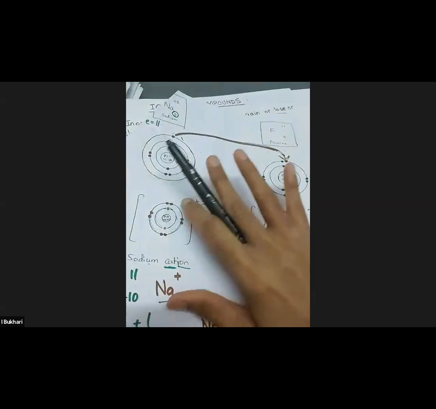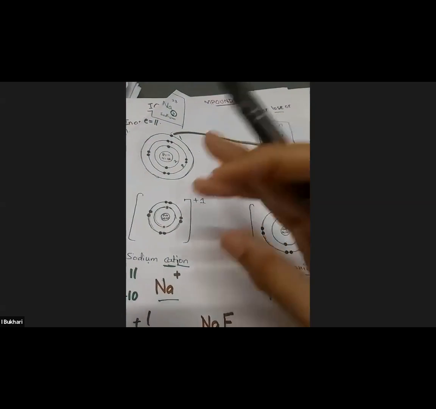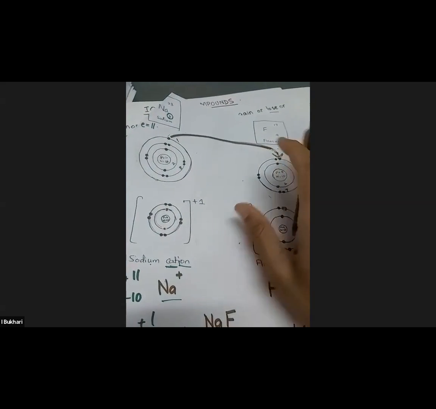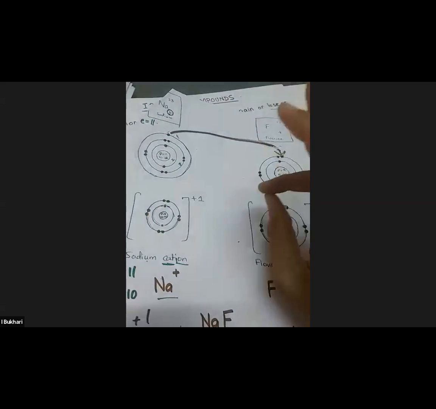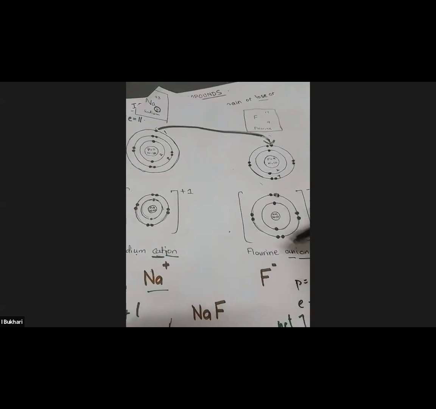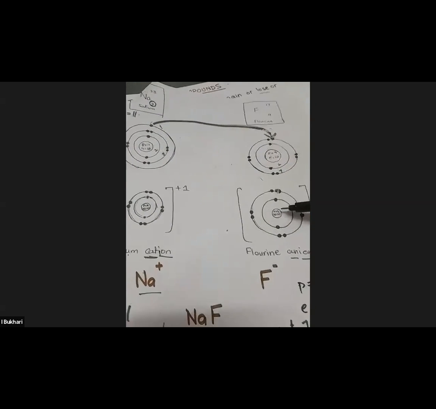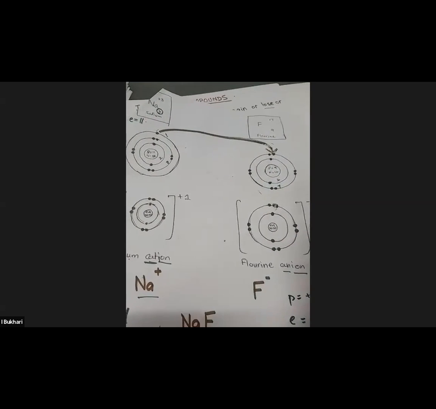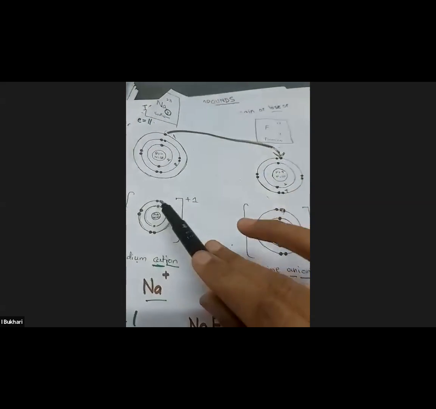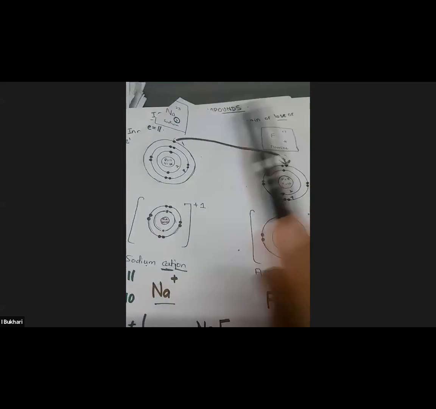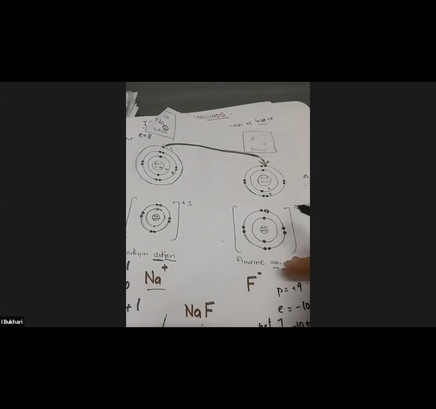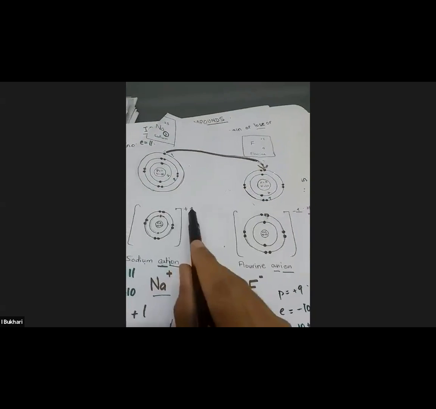It has sacrificed that one electron, absolutely given it away. This nucleus does not see that electron anymore. And that electron has been completely gained by this nucleus. So this electron revolves around the nucleus of fluorine only now. It does not revolve around the nucleus of sodium anymore. So this is negatively charged, and this is positively charged.